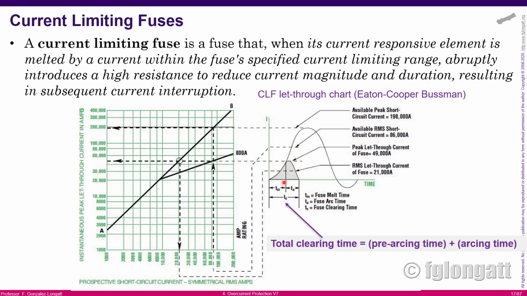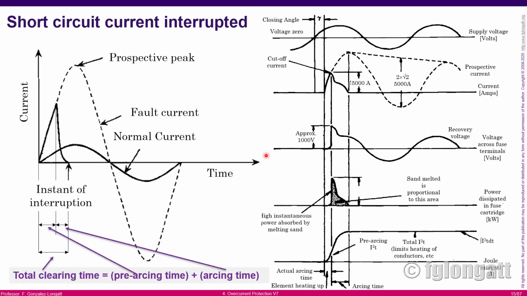Here again we have the pre-arcing time, and this is the pre-arcing time, and then you have here the arcing time. What is the main difference between this curve and the curve that I presented before?